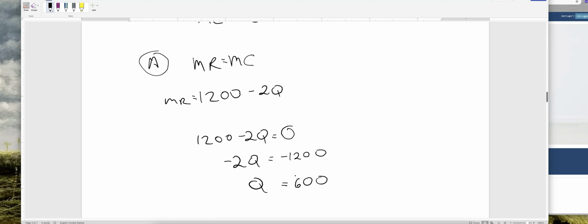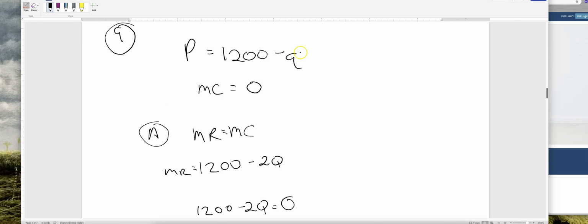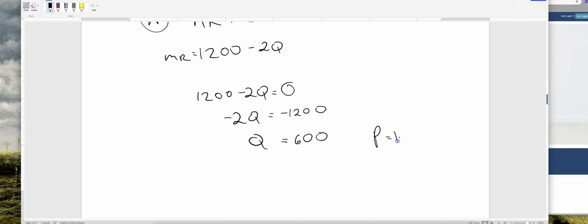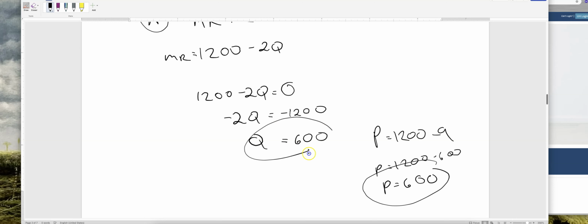And in terms of my price, going back up to my function here, 1200 minus Q. So there we go. We've got the single price monopolist all set up.